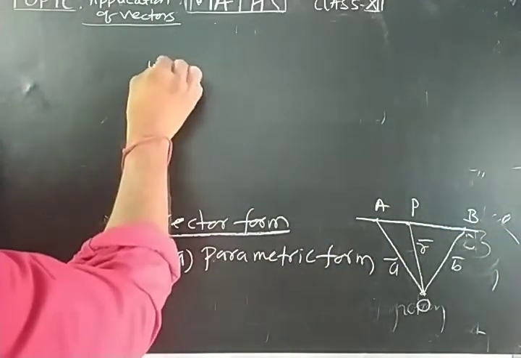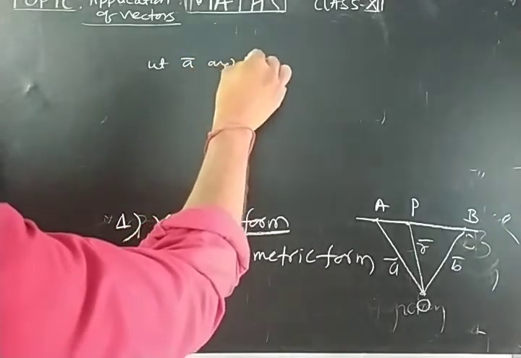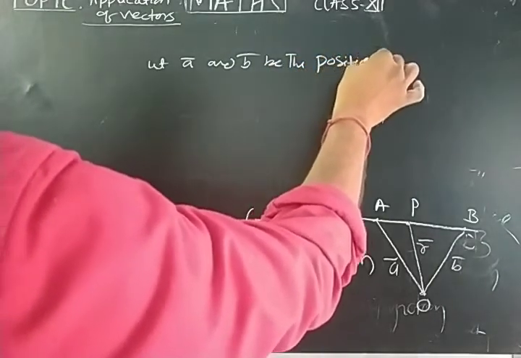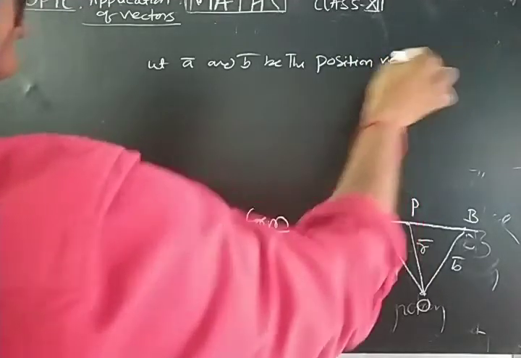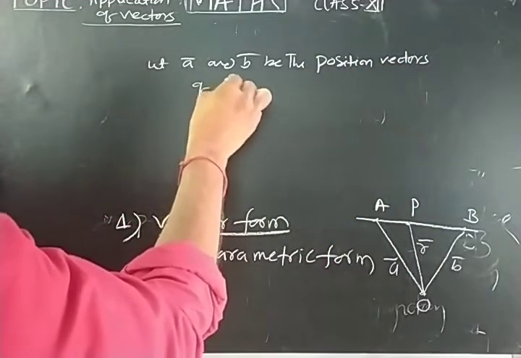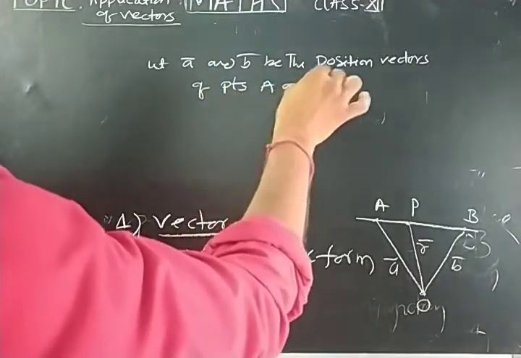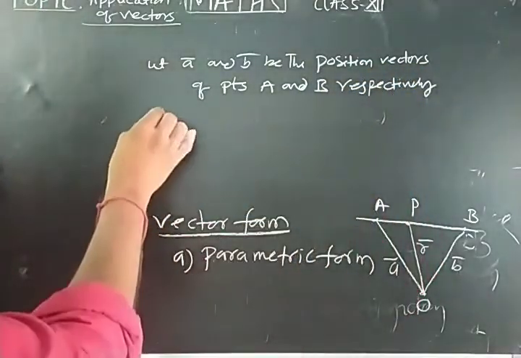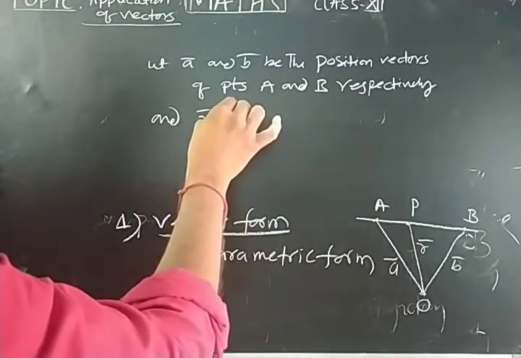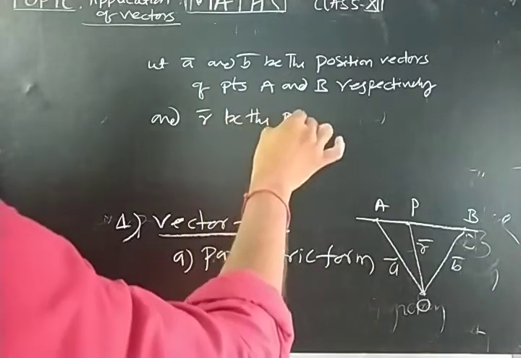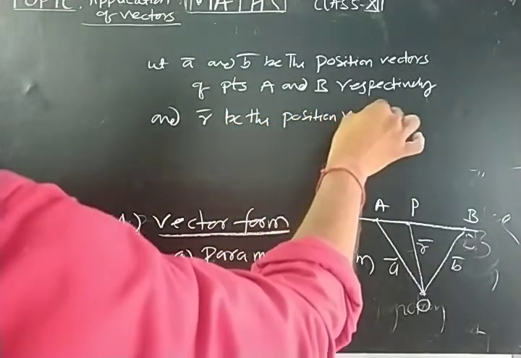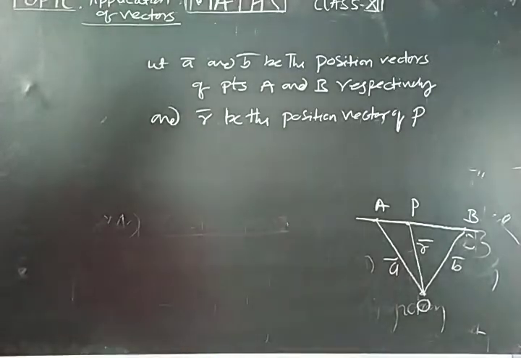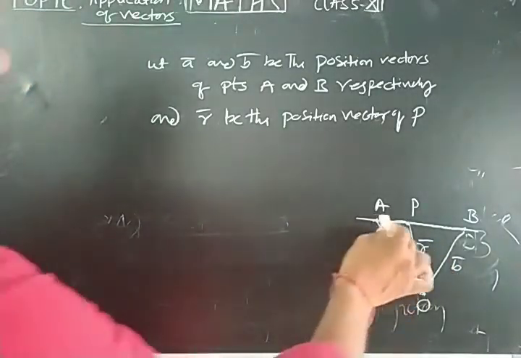Let A bar and B bar be the position vectors of points capital A and capital B respectively, and R bar be the position vector of P.